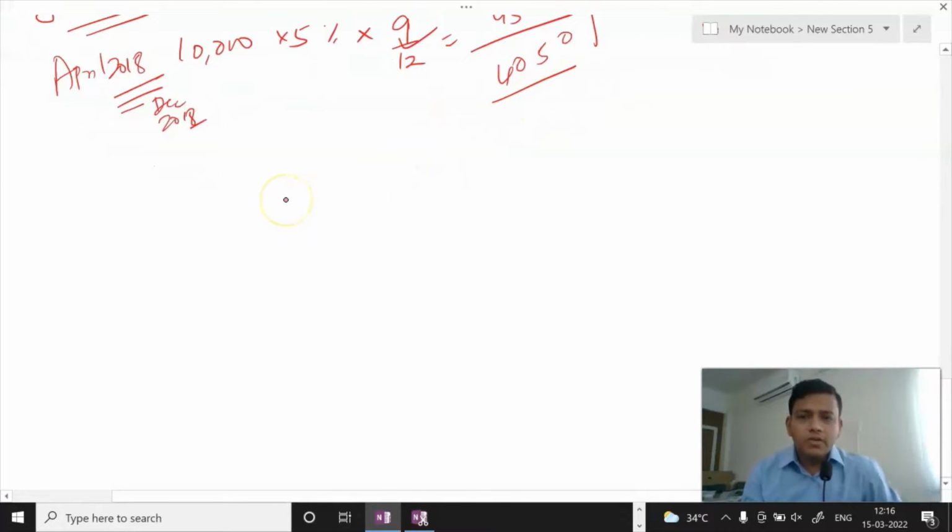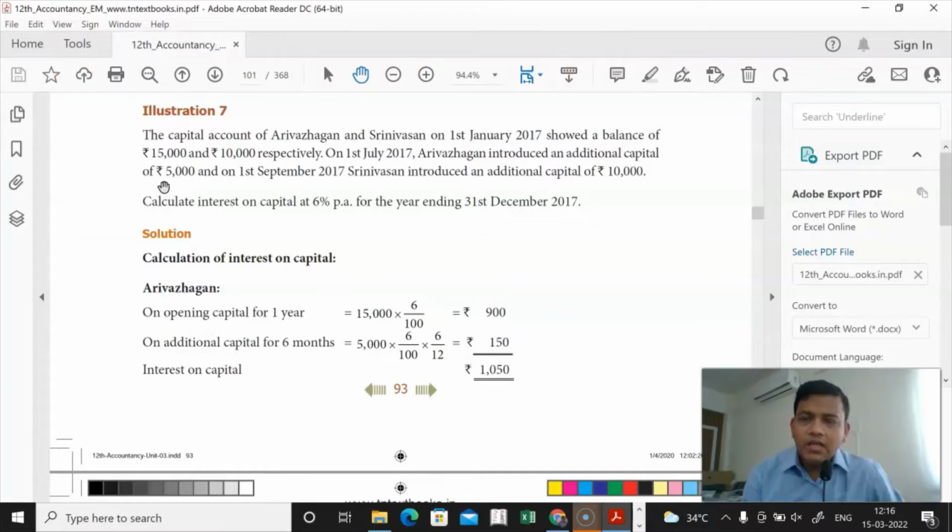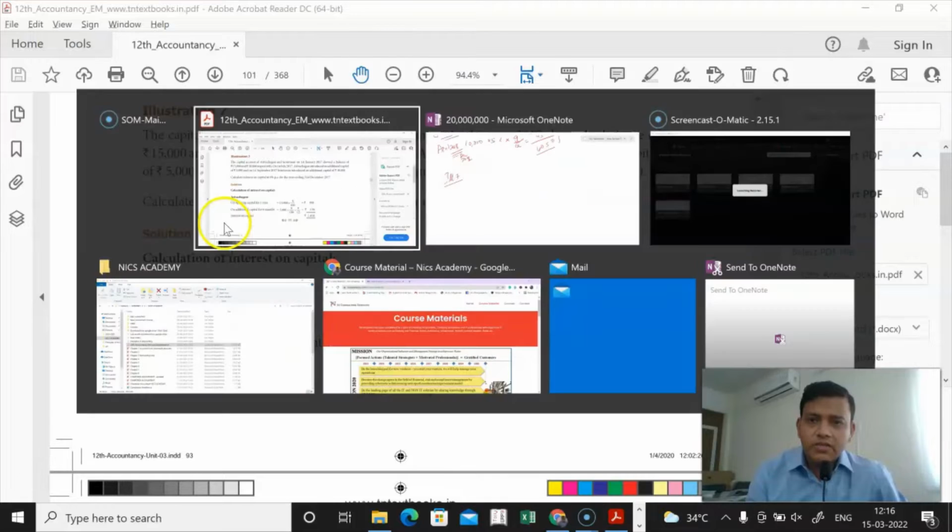So we'll quickly write down the entire question. So we'll start with illustration 7 now. Illustration 7, it says that the capital account of Arivaragan and Srinivasan on 1st January was 15,000 and 10,000.